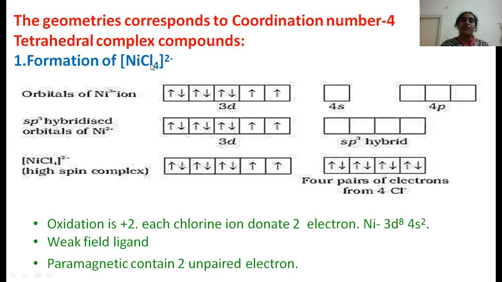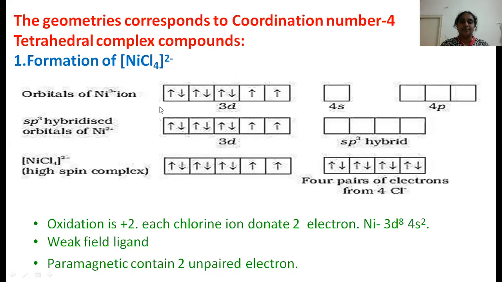In this complex, 4 chlorides are present, so x minus 4 equals minus 2, and the metal gets a +2 oxidation state. +2 oxidation means we remove 2 electrons from the total electrons, so finally it has 3d8.